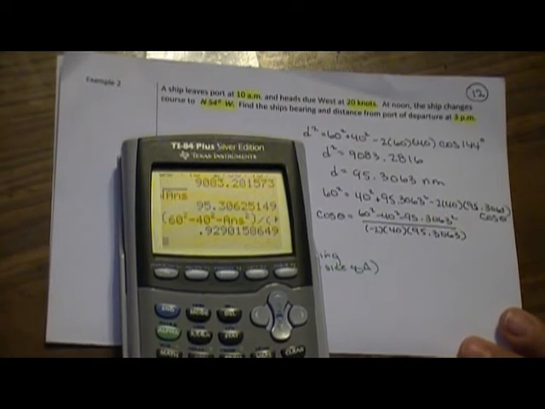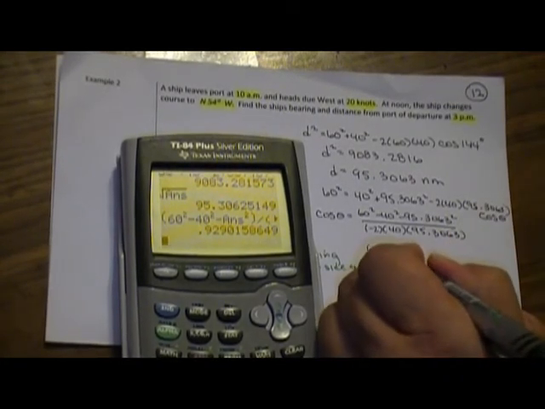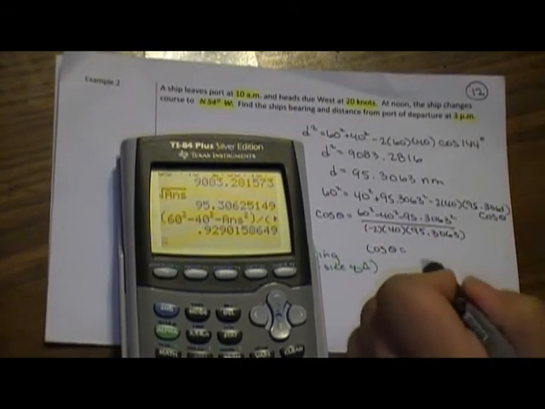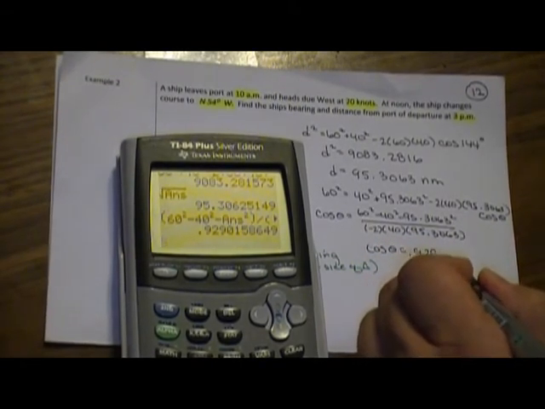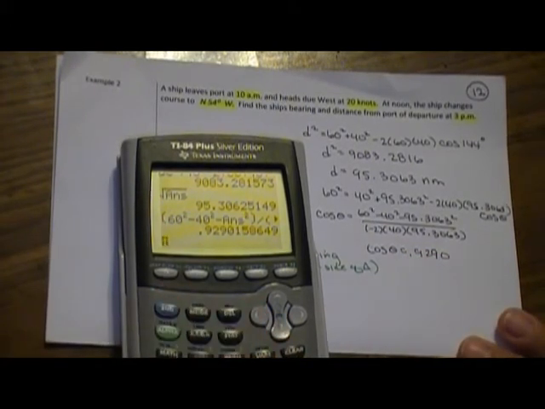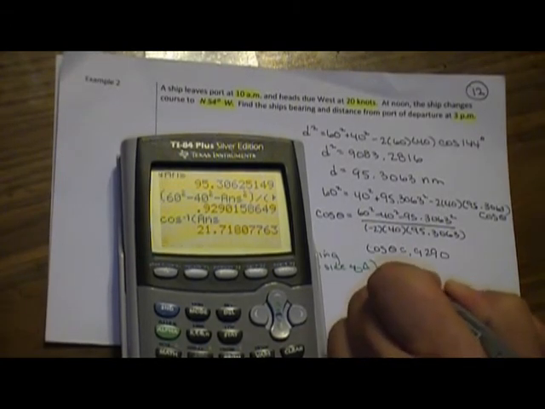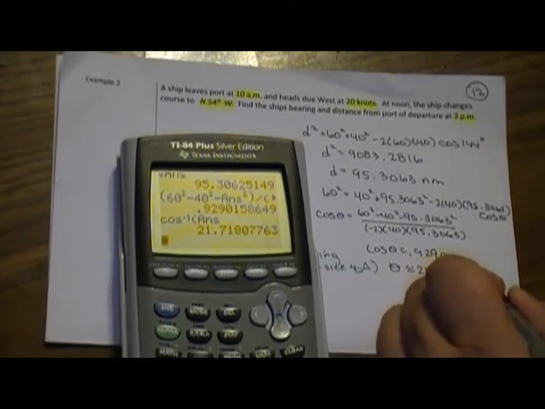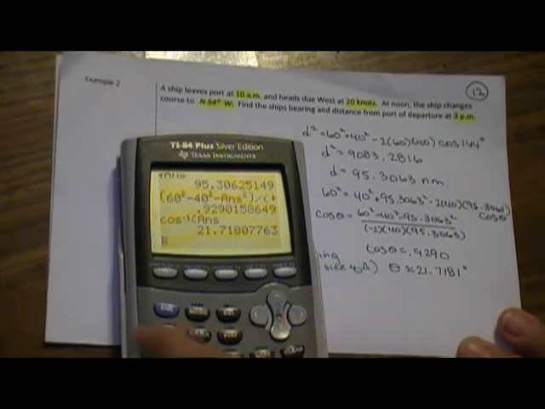And that gives me that the cosine of theta is about 0.9290. Take the inverse cosine, and that gives me theta is about 21.7181 degrees.